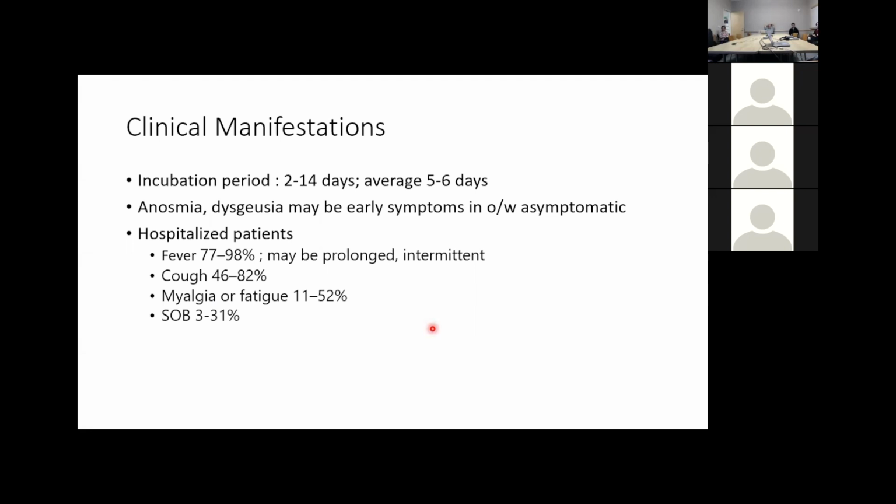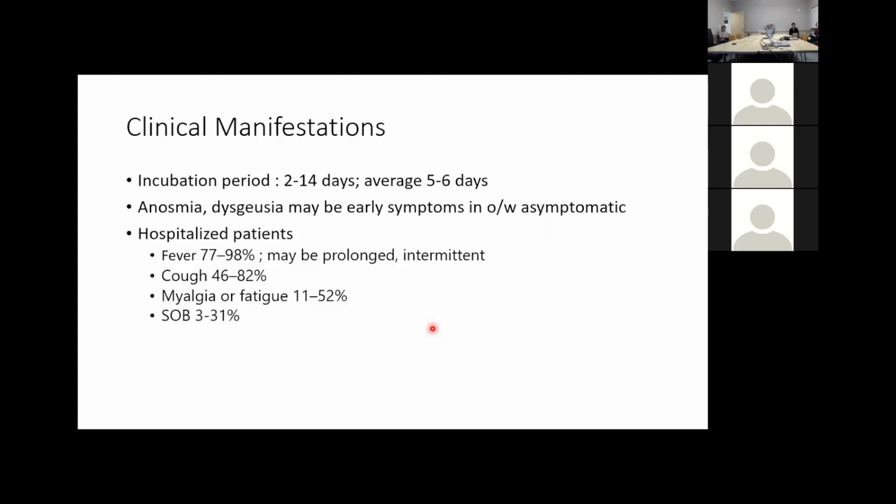So the clinical manifestations: the incubation period is between 2 to 14 days. The average is really falling between 5 to 6 days in most cases. And hot off the press are the symptoms of anosmia and dysgeusia.